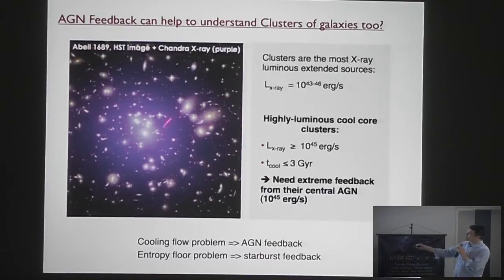And so you should see a lot of gas cooling onto the central object and forming lots of stars. But we don't see that. This was known as the cooling flow problem, or the entropy floor problem. And what we needed was essentially some way of heating that gas up. And so again, people turned to AGN feedback.